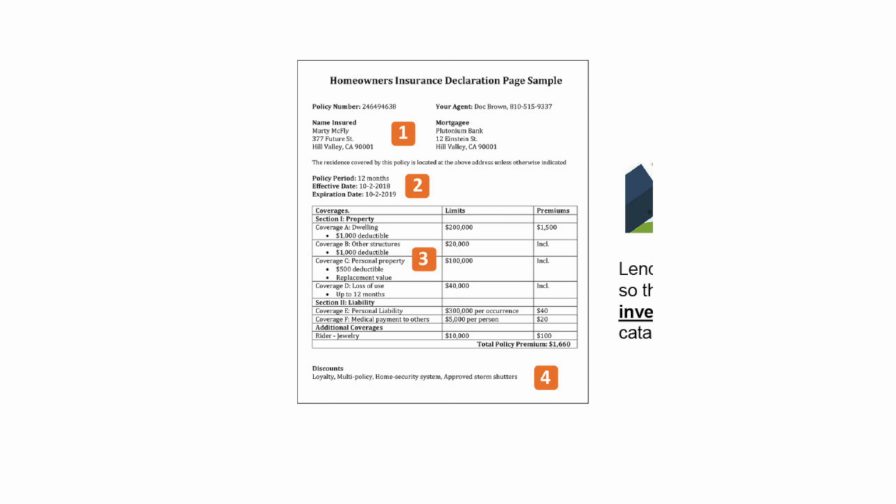They do give discounts for home security systems, storm shutters, sometimes loyalty, and sometimes you can even get a discount if you combine those. It's kind of like your cable and some of those things.